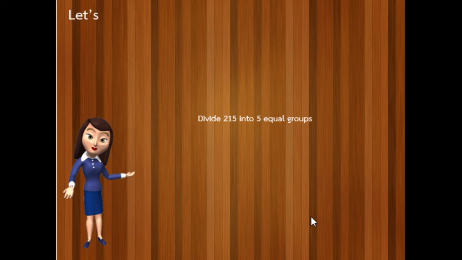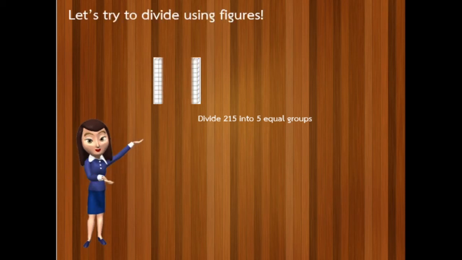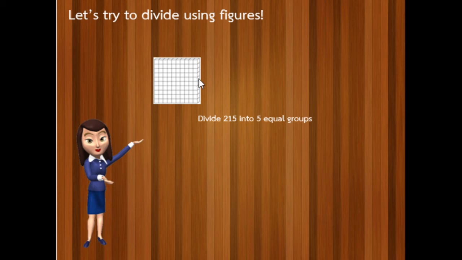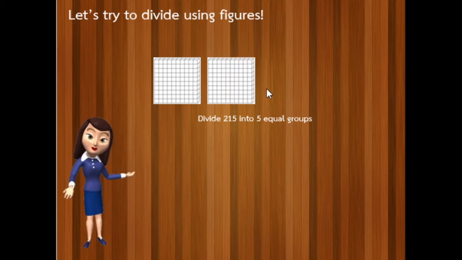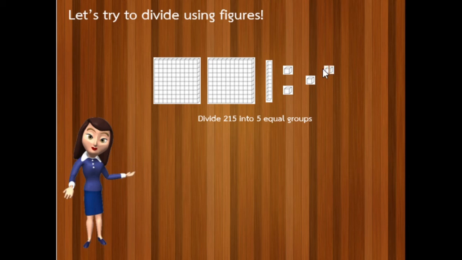Now let's try to divide using figures. Remember, 1 like this is equal to 100. So to make 215, we should have 2 hundreds, 1 tens, and 5 ones.